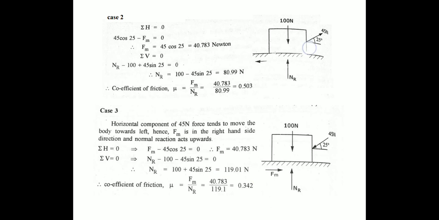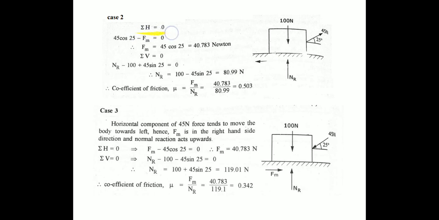Case 2. Here a pulling force is acting in an inclined manner, that is 45 Newton, at an inclination of 25 degrees. We have to resolve this into two components, a horizontal component and a vertical component. The self weight is balanced by the normal reaction. Pulling is taking place in this direction, therefore the friction will act in the opposite direction.